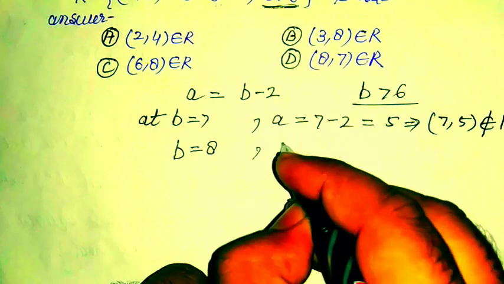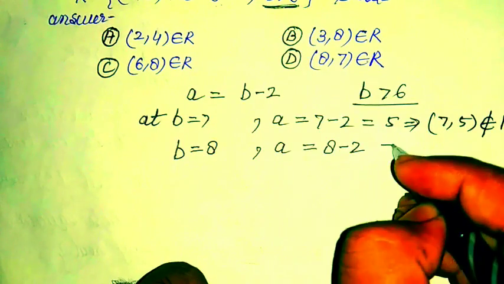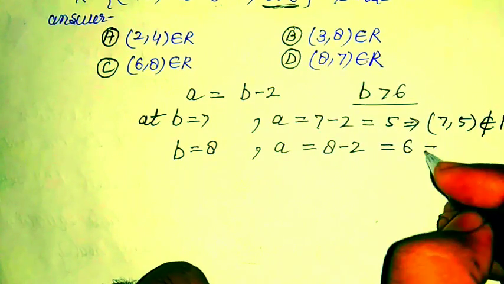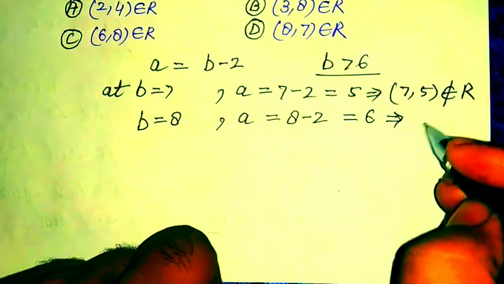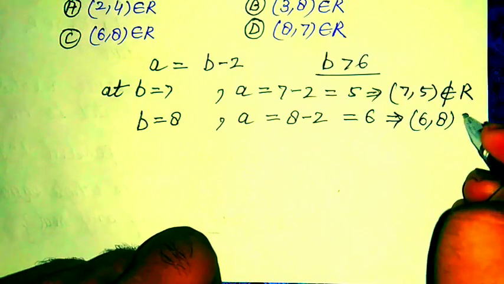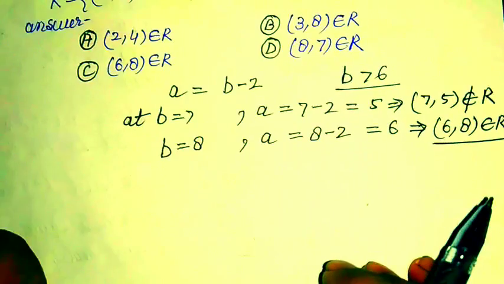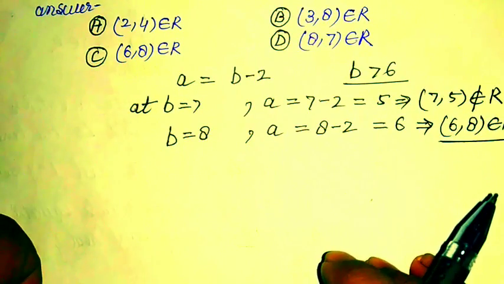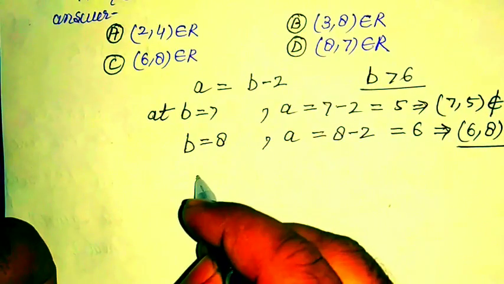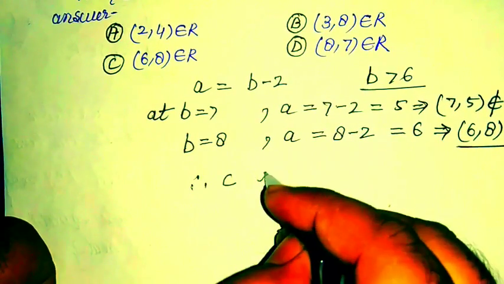Now we put b equals 8 here. If we put b equals 8, we will get 6. So (6,8) belongs to R. This is the C part here, isn't it? So C, therefore C is correct.